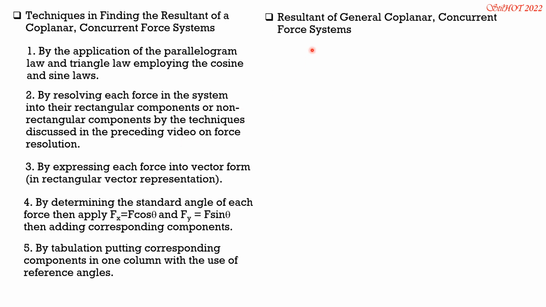Now I have to discuss resultant of general coplanar concurrent force systems, especially if the forces are on the xy plane.